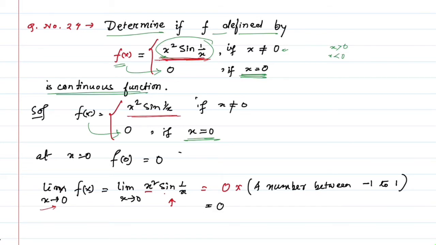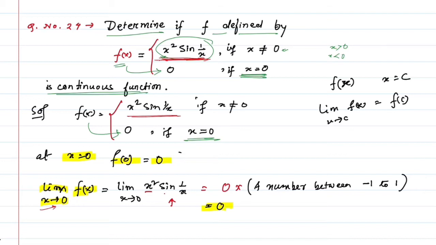So here you see, as we know, for a function f of x to be continuous at x is equal to c, limit x tends to c of f of x must be equal to f of c. As we have checked its continuity at x is equal to 0, here f of 0 is 0, and limit x tends to 0 of f of x is also 0.